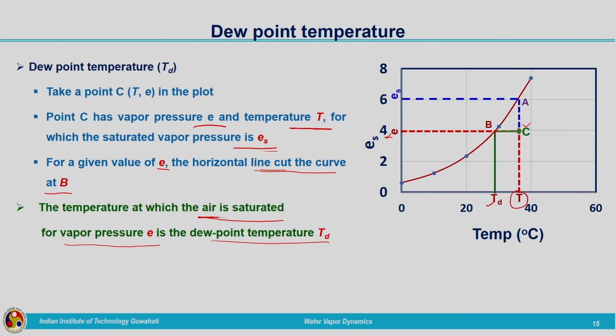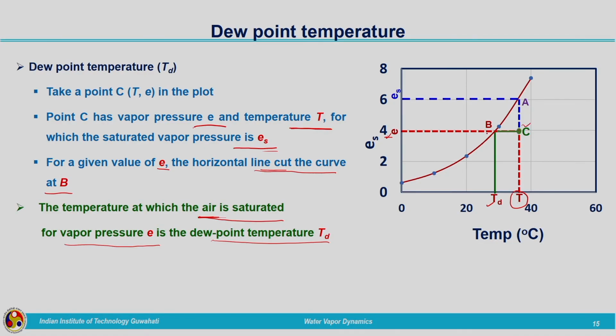I am repeating again: look at the point C, it has a temperature T and corresponding vapor pressure E. That vapor pressure, for that particular temperature capital T, is not the saturation vapor pressure, but it can be the saturation vapor pressure corresponding to another temperature. How can we get that? We can get it from the saturation vapor pressure curve.